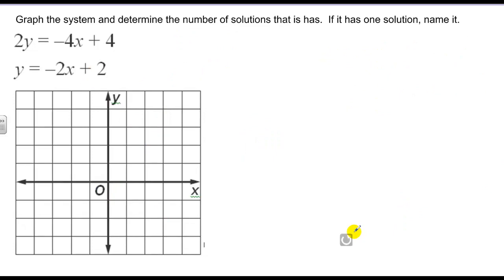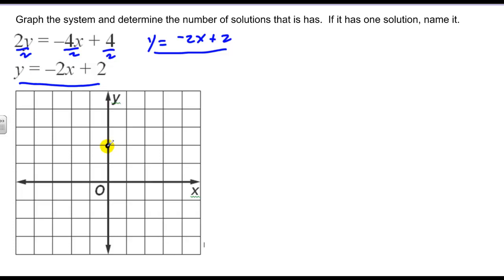In this next system, I'll divide both sides by 2 in the top equation; the bottom equation is already in slope-intercept form. So I have y equals negative 2x plus 2. You'll notice that this equation is now the same as the other equation, which means that the lines will overlap each other.